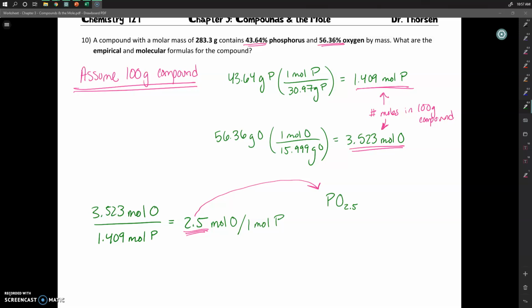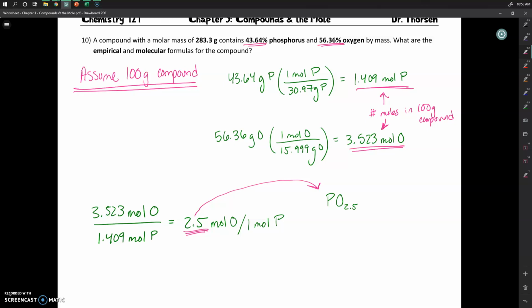So based off this ratio that we just determined, we're basically saying that if there's 2.5 moles of oxygen for every 1 mole of phosphorus, then my formula is going to have a 1 for the phosphorus. So notice I could include that 1 there, but most of the time we don't bother if it's just a 1. So that's why I don't have it there. But it's kind of implied by the way that this is written.